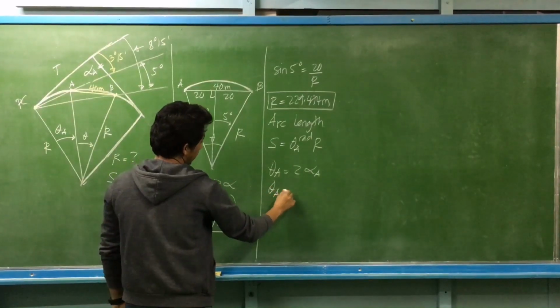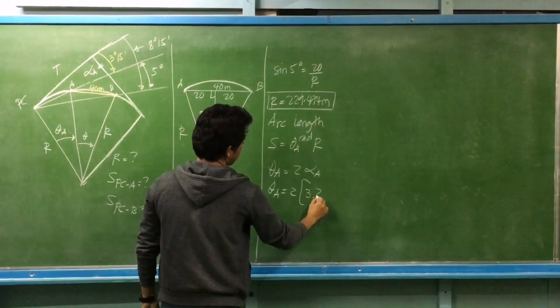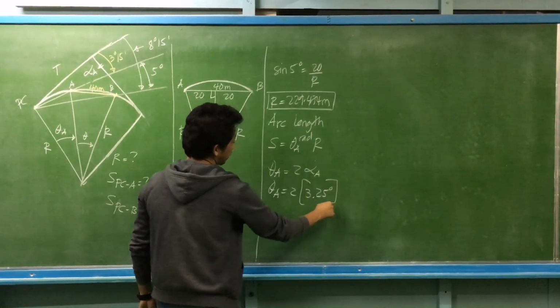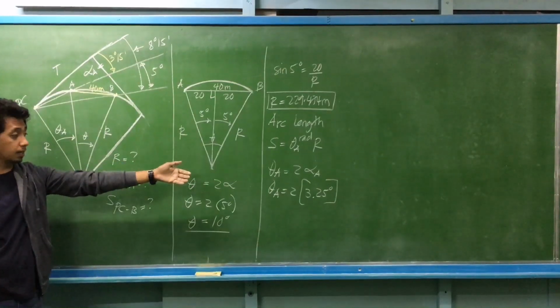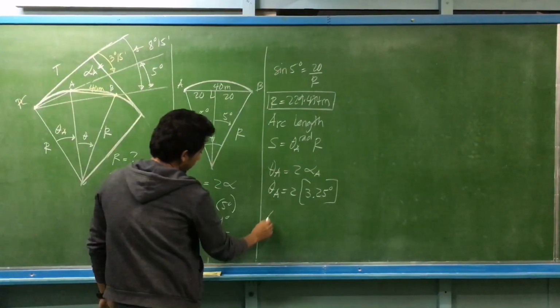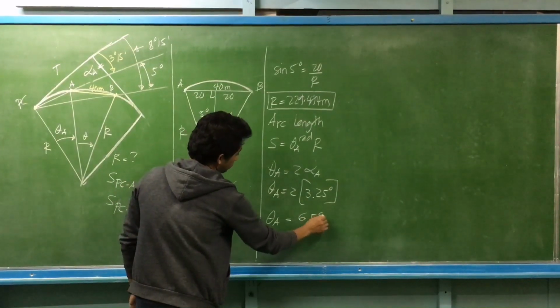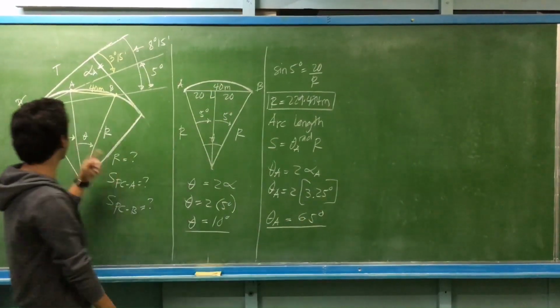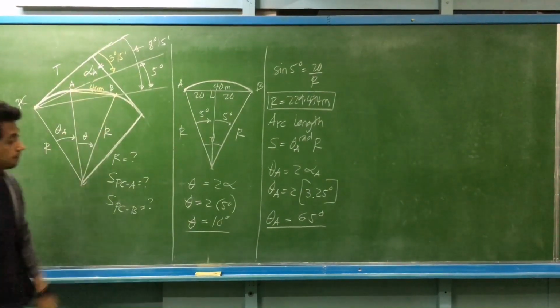So we'll be having theta A as twice 3.25 degrees. Tama? So 3 degrees 15 minutes is 3.25 degrees. So we'll be having theta A is now equal to 6.5 degrees. Yun yung kanyang corresponding central angle with this deflection.